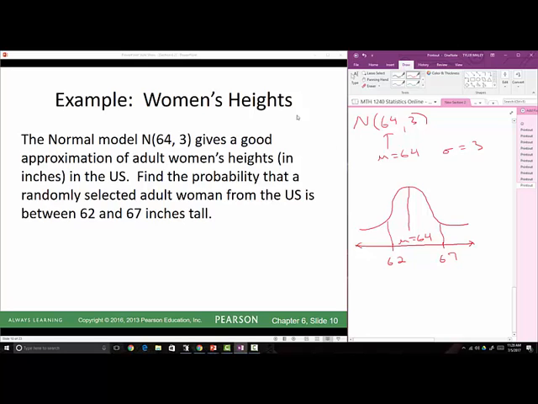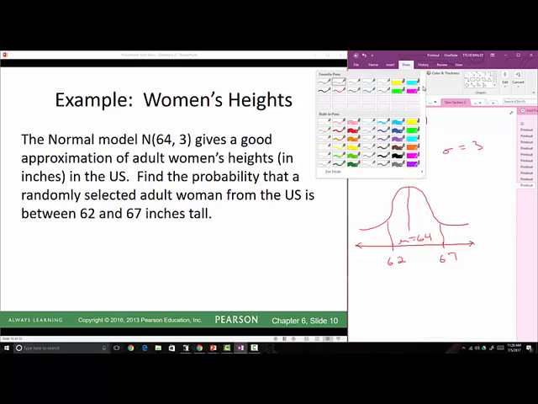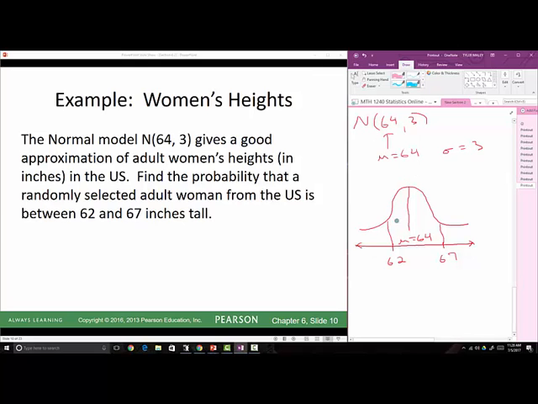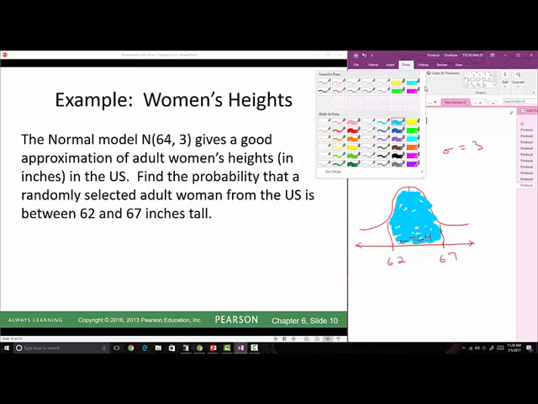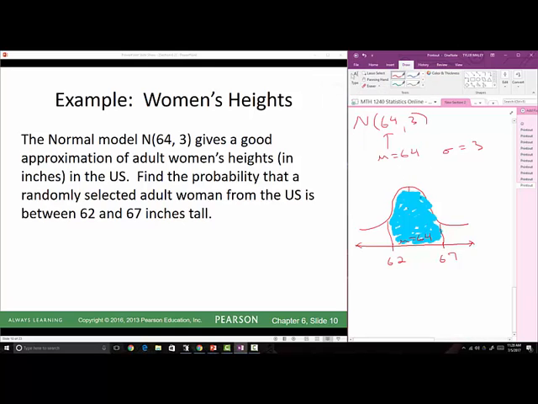In doing this, to find this probability, I essentially want this area. I want to know what's the area, all this area. We still have my mean of 64 here.